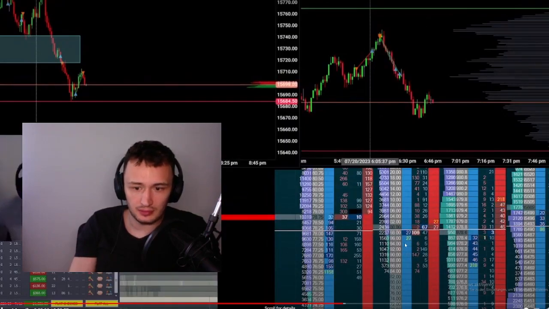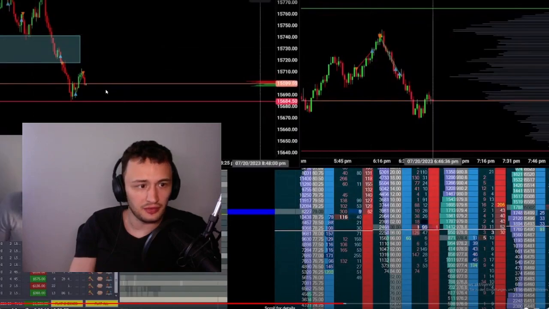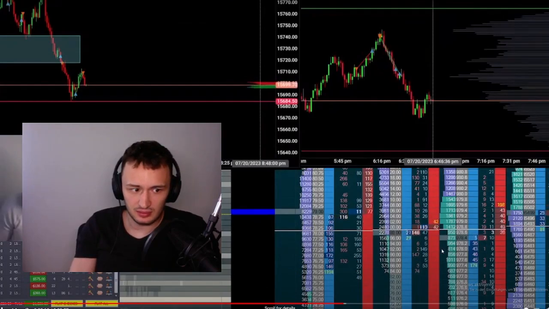I might re-enter long on the NQ, but I'm going to wait here. I kind of think I might re-enter long here on the NQ, because ES is pretty solid, holding here. Okay, ES is kind of solid, but I'm going to wait here for a second.